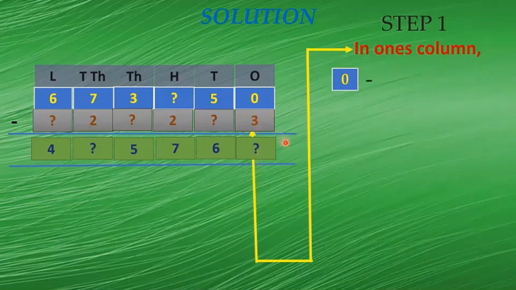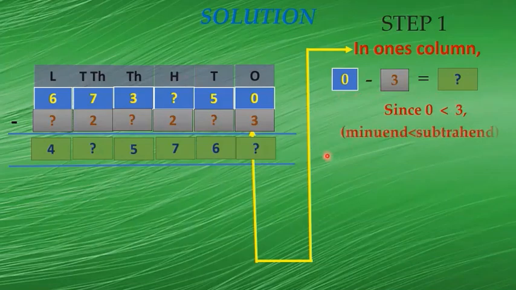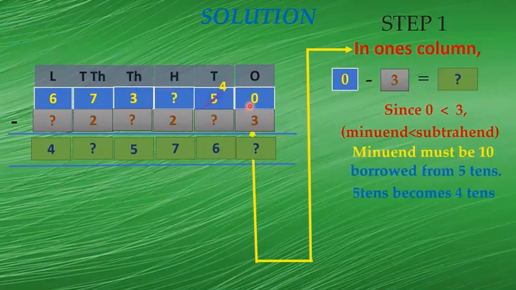So 0 minus 3 is equal to question mark. Can you subtract anything from 0, Nana? No. Because 0 is less than 3, we have to borrow. So the minuend must be 10. This 0 will be 10 if you borrow. So we borrowed 10 from 5 tens.